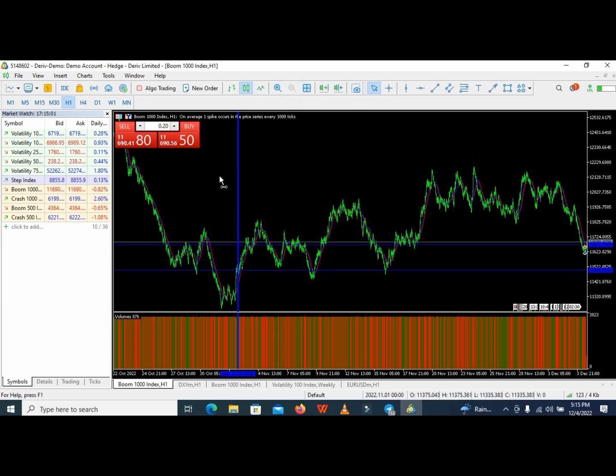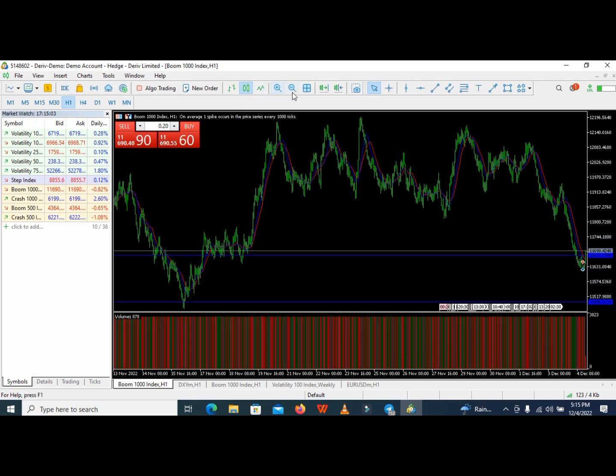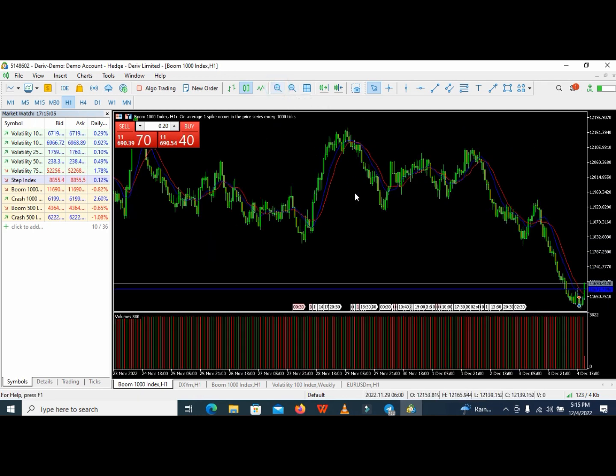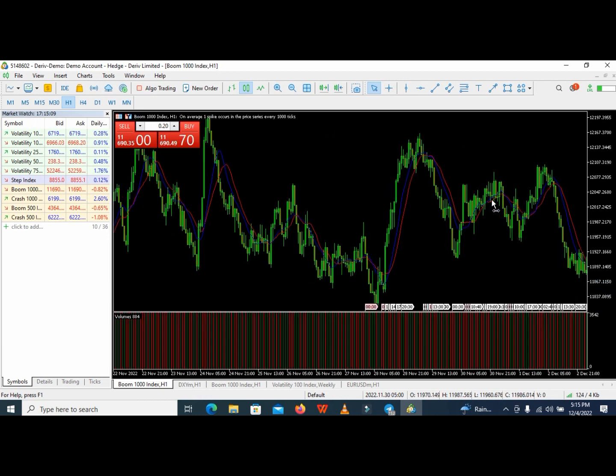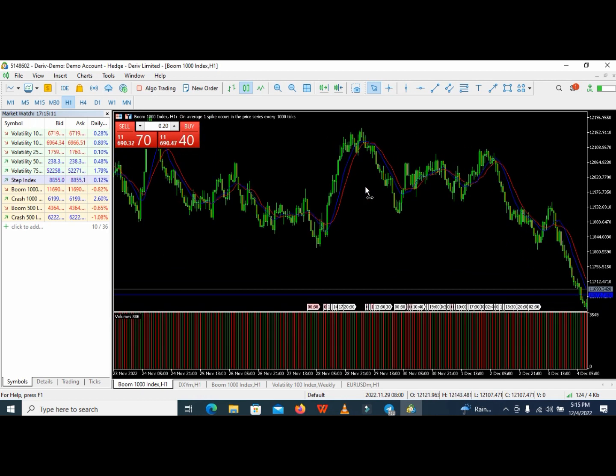Now when you are done with the trend, you can look at other factors. You can look for other confirmations such as individual candlesticks and how they are forming, either shooting star, hammer, morning star, evening star, double bottom, double top, head and shoulders, and all that.